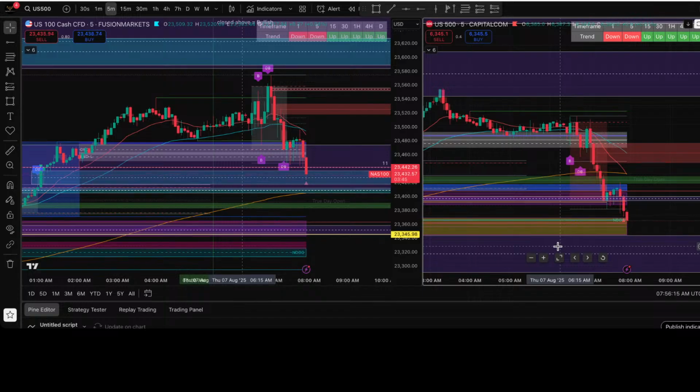So we do have a bearish confirmation now from US 500. Still waiting for that bearish confirmation on NAS. Remember, there's a 75% chance that the market will retrace after we get that confirmation.